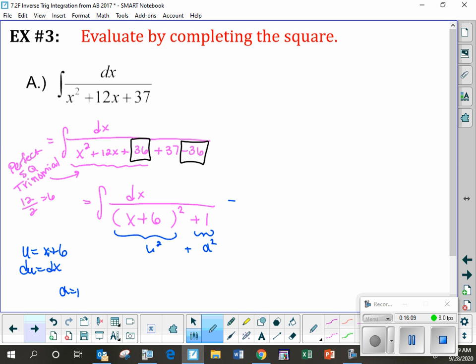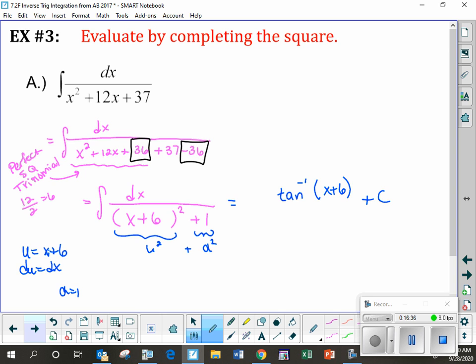So in our head, we're going to say it's 1 over a arctan of u, which was x plus 6, over a, plus c. And now obviously I don't need the ones. And there's our answer. So sometimes this completing the square can become an arctan.